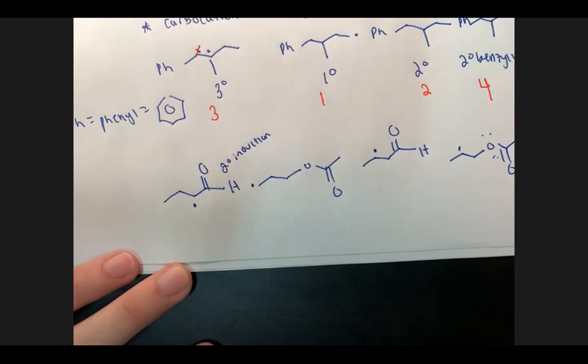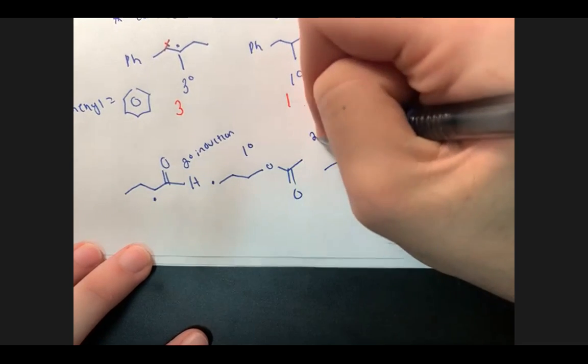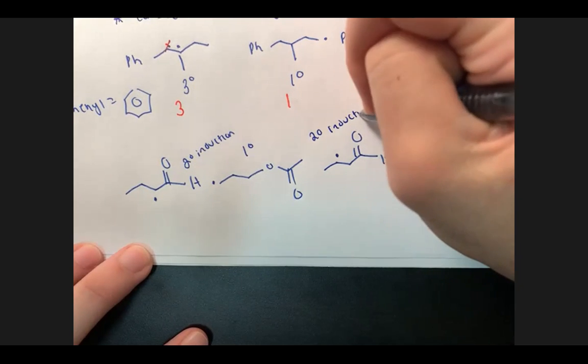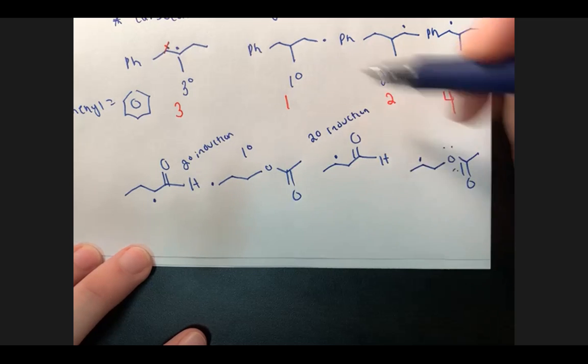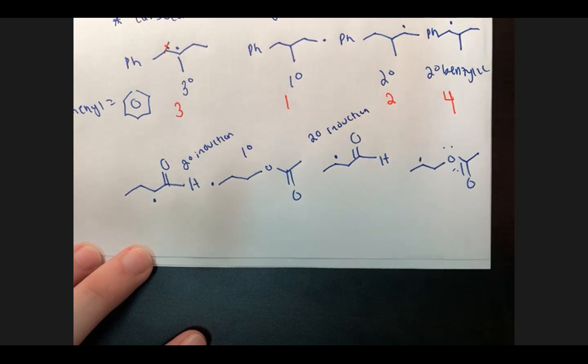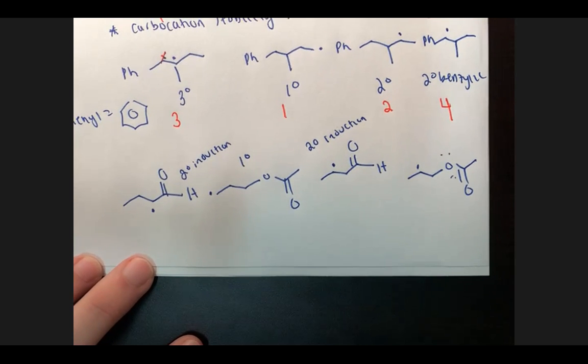Here, what's this? This is a primary, right? Just a plain primary, okay? Here, secondary again, but with induction. But notice the positioning of that secondary radical is a little bit farther away than that aldehyde is, okay? So we talked about that refrigerator example over and over again. If you're across your room, across your kitchen, and you're holding a magnet, you're not going to be attracted to it.